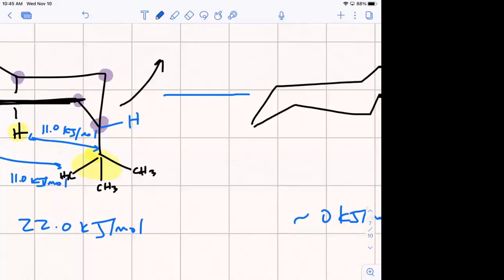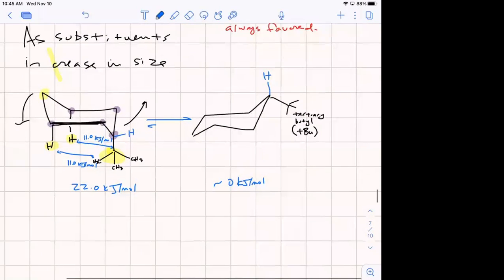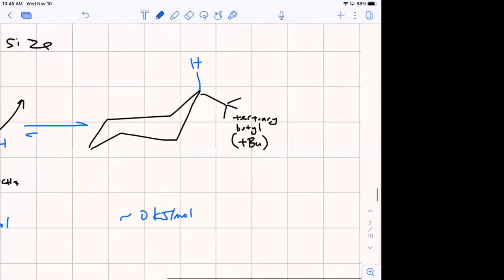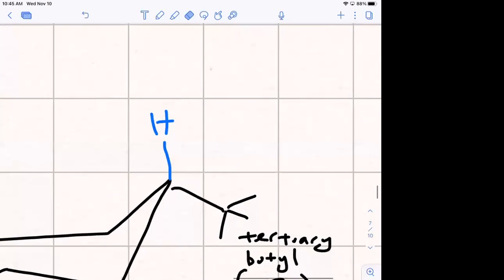This side. Right. The ratio of products, which we're going to talk about how to calculate, just not today, is probably somewhere around 99.999 to 0.001. That's how bad having that tert butyl group in an axial position is.